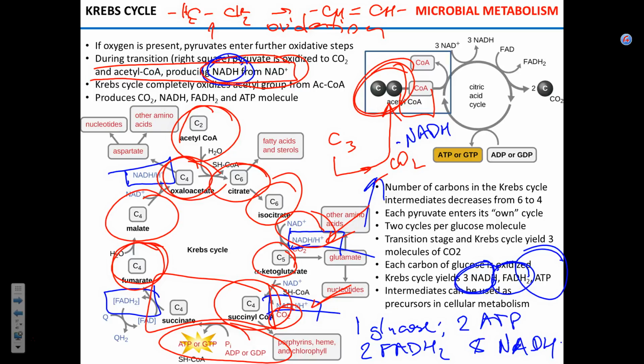There was something else I wanted to tell you. This C3 here, what is it that enters the transitional step? Pyruvate. Now, let's take a glance at the carbons of those pyruvates. It loses 1 carbon during the transitional step. It loses another carbon when isocitrate is oxidized to alpha-ketoglutarate.